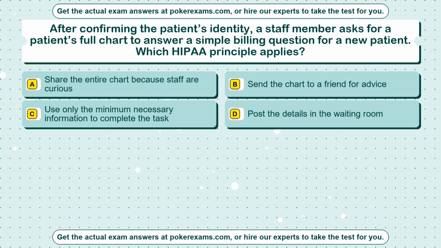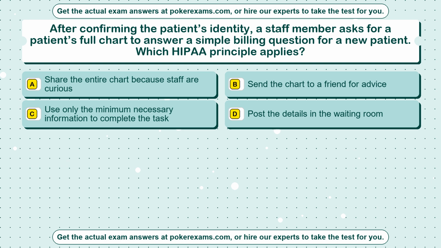Question 63. After confirming the patient's identity, a staff member asks for a patient's full chart to answer a simple billing question for a new patient. Which HIPAA principle applies? Option A, share the entire chart because staff are curious. Option B, send the chart to a friend for advice. Option C, use only the minimum necessary information to complete the task.